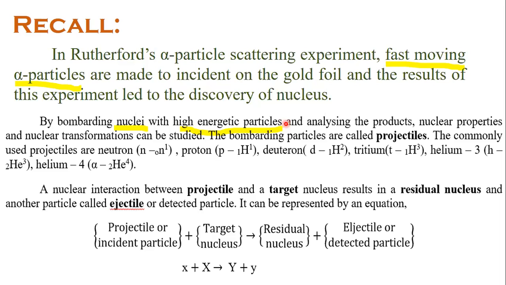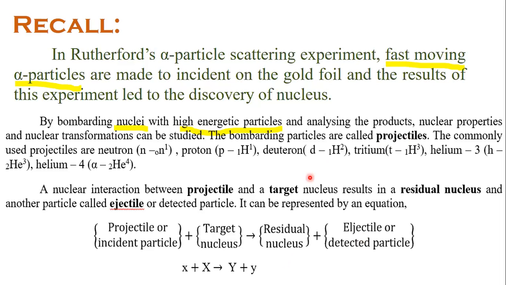These high energy particles are also called projectiles, and the nucleus is called the target. Therefore, in nuclear reactions, the projectiles are made to hit the target, and as products, we are going to get a residual nucleus and other particles which are called ejectiles.